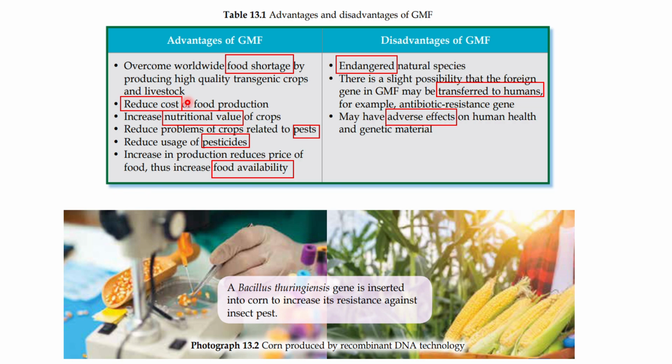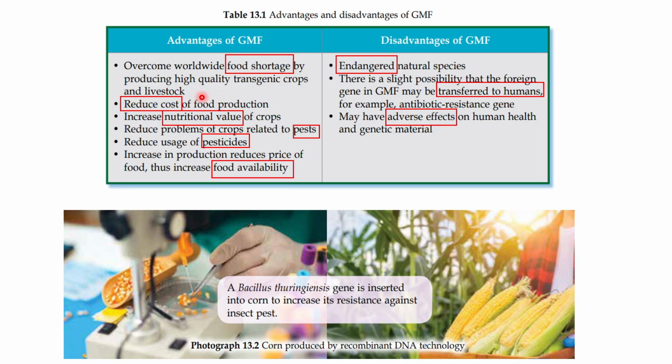For example, we have the GM tomatoes, which can last longer and be sold in the market for a longer time. These GM tomatoes can last longer because a gene that causes the softening of the tomato is removed.